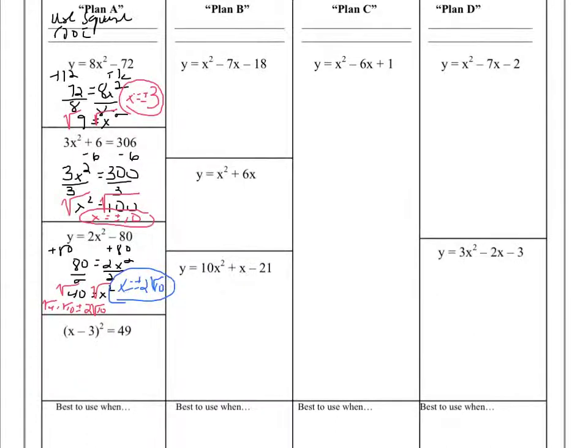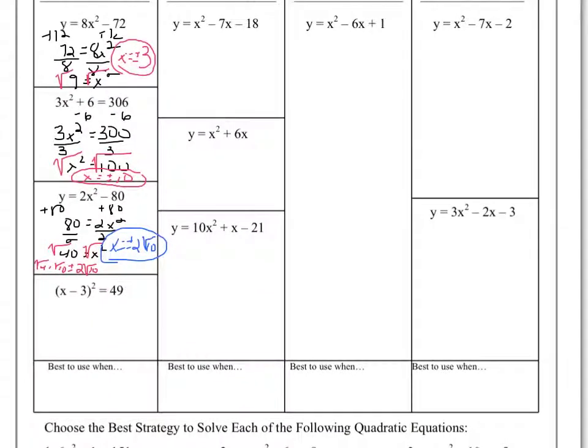Okay, and then the last one here does look a little bit different. In this case, we have x minus 3 in parentheses squared. So it looks like we already have it set equal to 49. So all I need to do here is first take the square root, and then I'm going to have x minus 3 on the left is equal to the square root of 49, which is plus or minus 7.